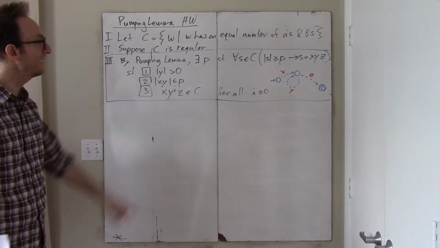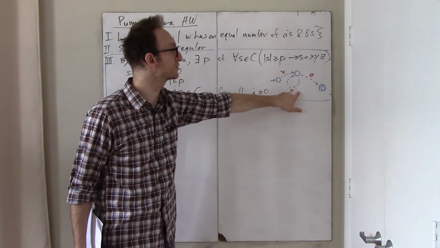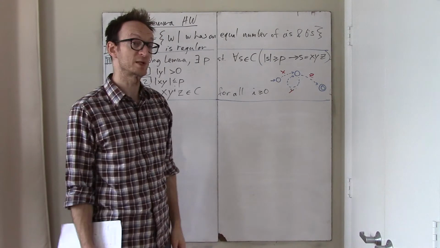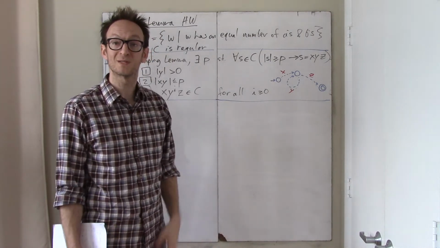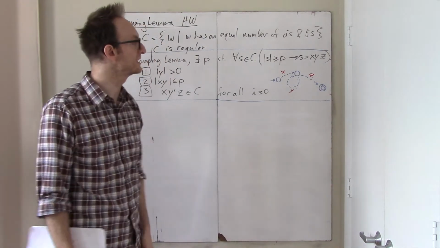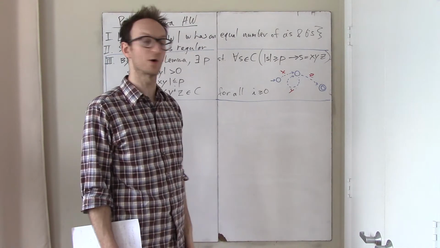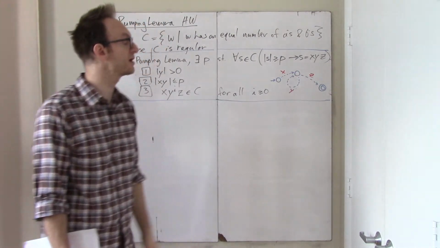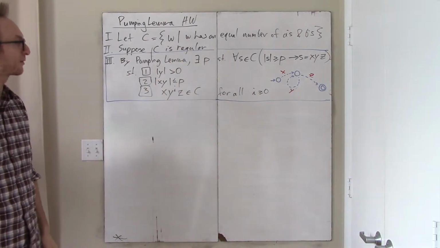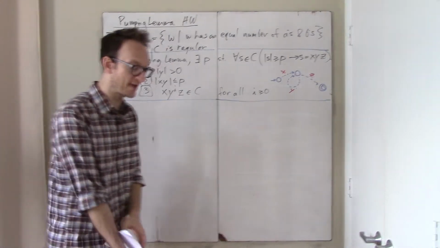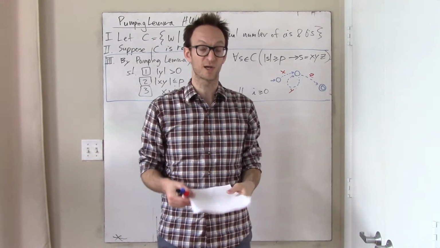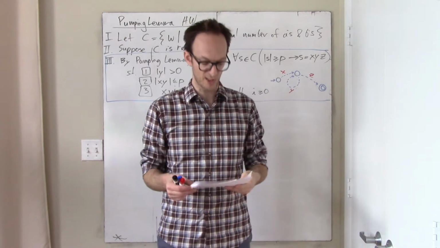If y is a substring of s processed in between the state and itself, then the machine never knows what's happened in the past, and so any string of the form xyyz or xyyyz or even just xz must also be accepted by this machine, and therefore must also be a member of the language. Notice that the pumping lemma itself doesn't refer to machines because we've abstracted away from that, and it's just a theorem about regular languages, but we use the machines to prove it.